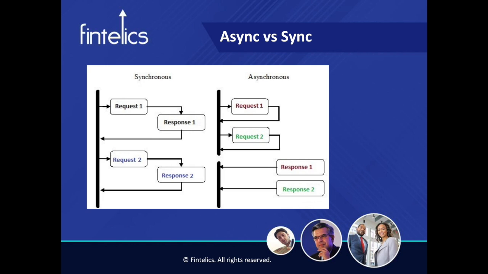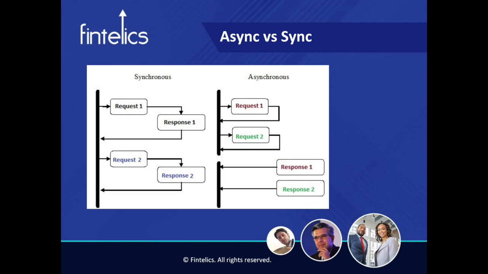So we've briefly talked about how Node.js uses the asynchronous architecture. Let's take a closer look. For the synchronous server, when it processes requests, it processes them sequentially, meaning that upon finishing processing request 1, it will then move on to the next request.